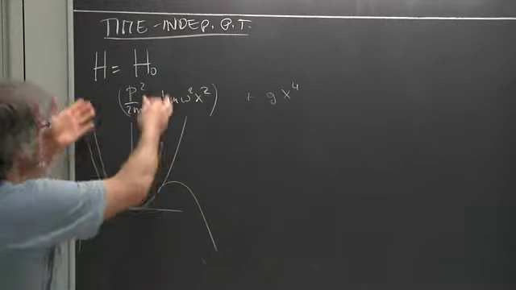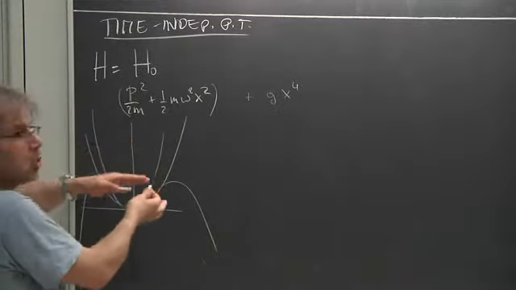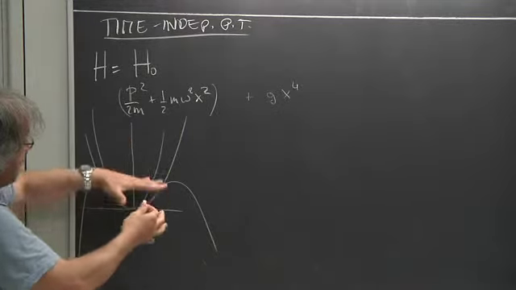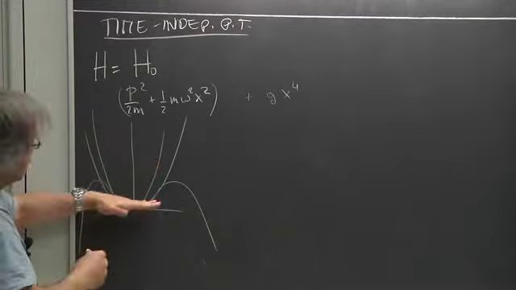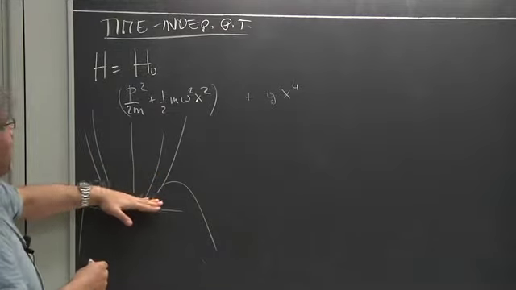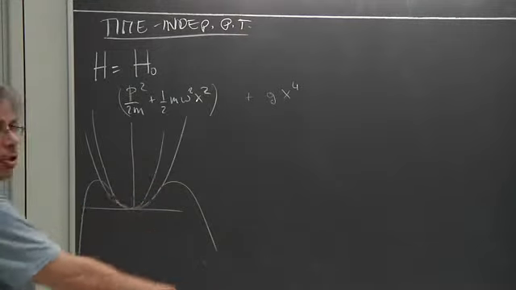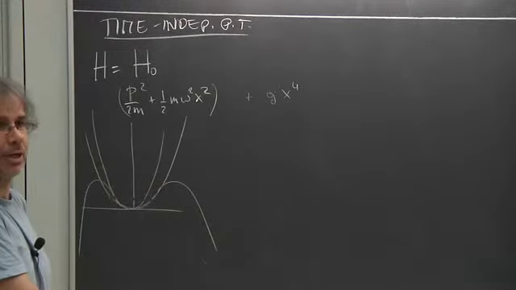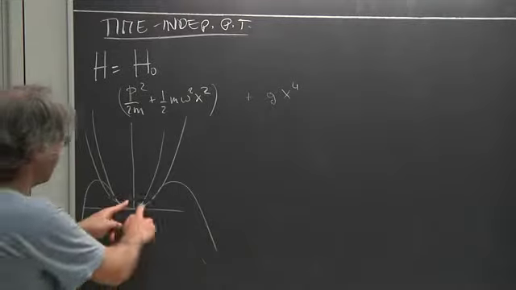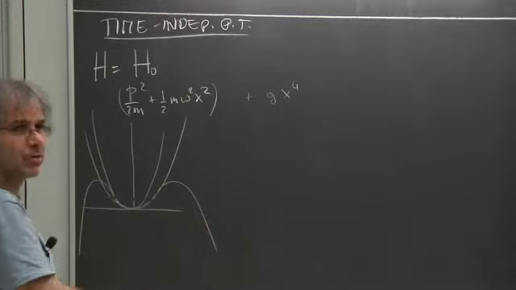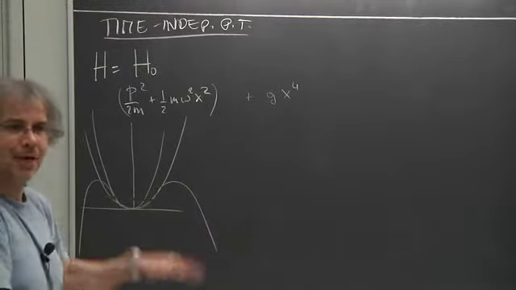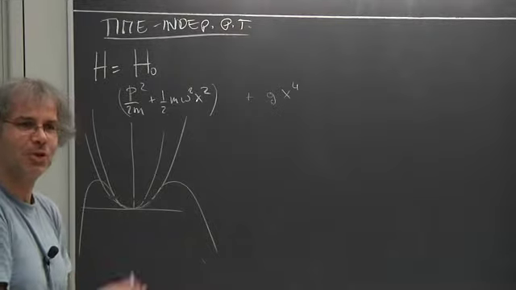In particular, for g positive, you expect just a small shift upwards of the energy levels, but the ground state will be somewhere here. For negative g, on the contrary, the potential does not confine the particle any longer. The particle can escape, and in fact, the ground state is now down to minus infinity. There's no ground state.